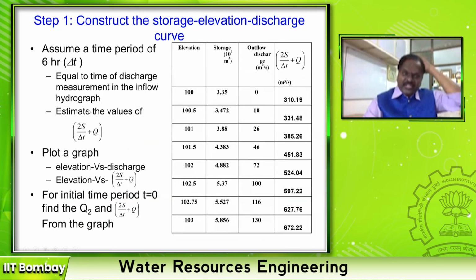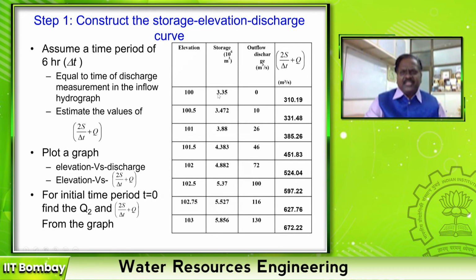For that, the first step is to construct the storage elevation discharge curve. Assume the time period delta T as 6 hours, equal to the time step of the inflow hydrograph. Estimate the values of 2S by delta T plus Q, right? So this is the elevation they have given, this is the storage, and this is the outflow.